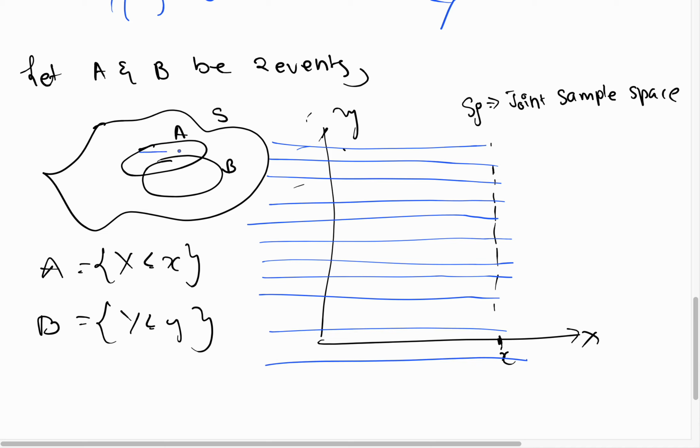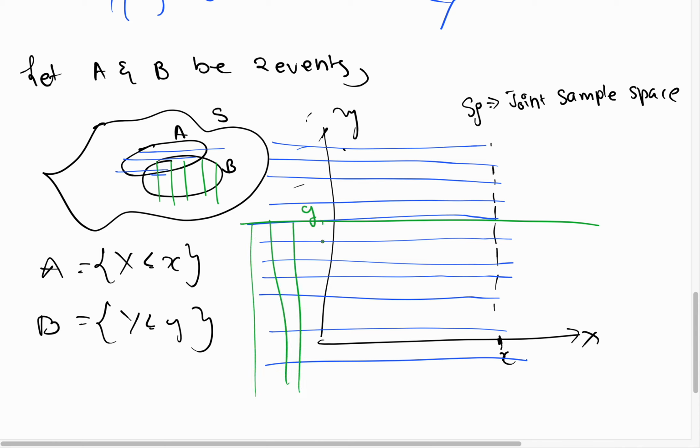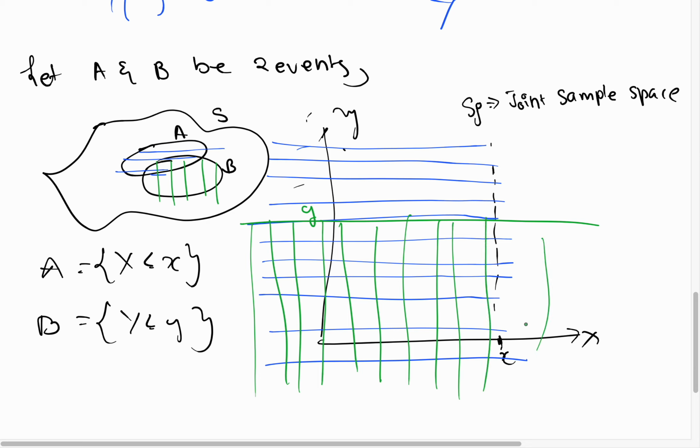This is nothing but my event A. Let me define one more event B, that is Y less than y. It's going to be something like this. Well and good, it's fine till here. So Y less than y is this part, right.